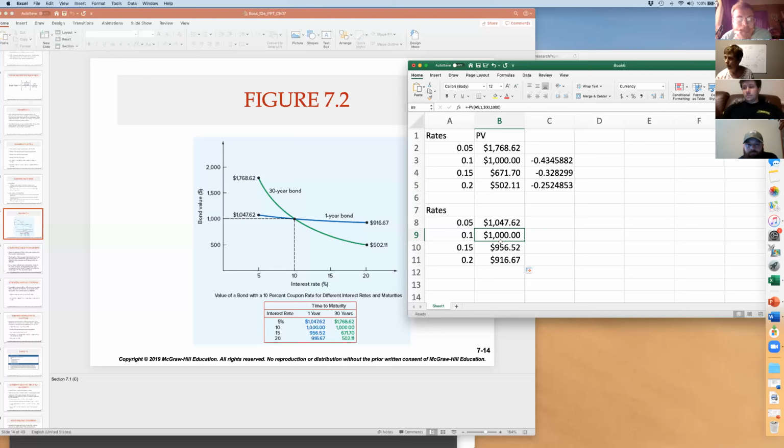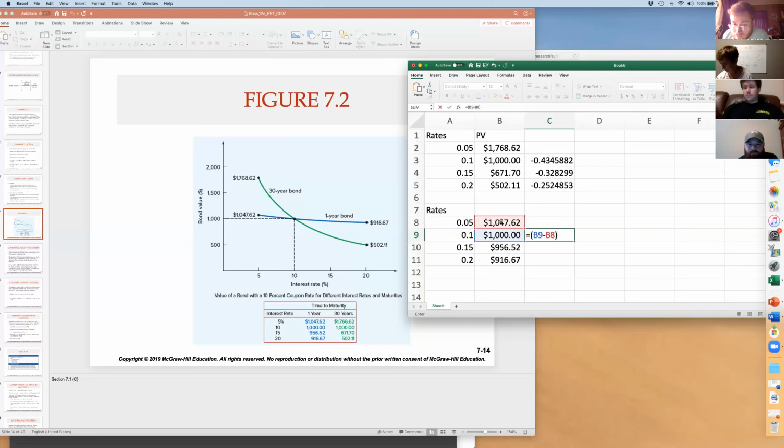Just like you would expect, interest rates go up, prices go down. All right, so now let's compute the percentage change as the interest rates rise. I'm just going to take our new price minus old price, divided by our old price.